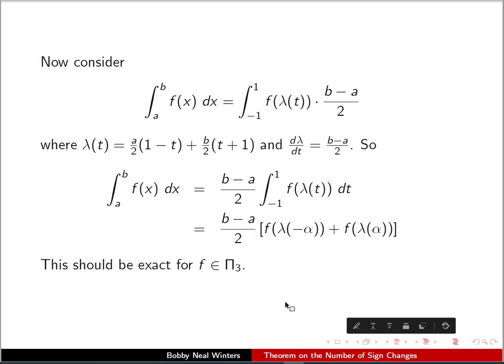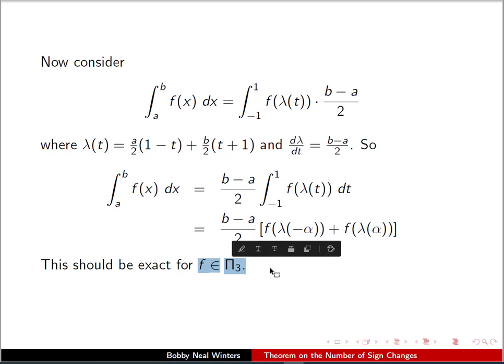Well, so I can go through a change of variables, and doing so I can get the integral from a to b of f of x to be approximated by one of these, and this should be exact for any f an element of pi sub 3.